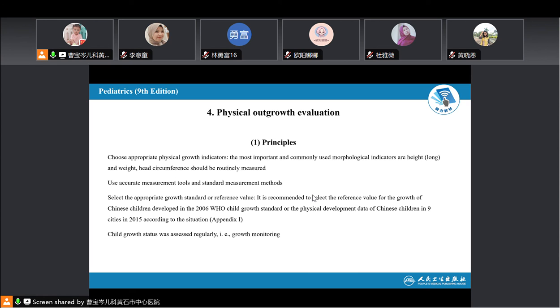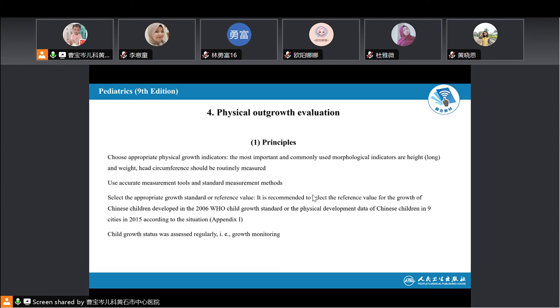Physical growth evaluation. 1. Principles. Choose appropriate physical growth indicators.